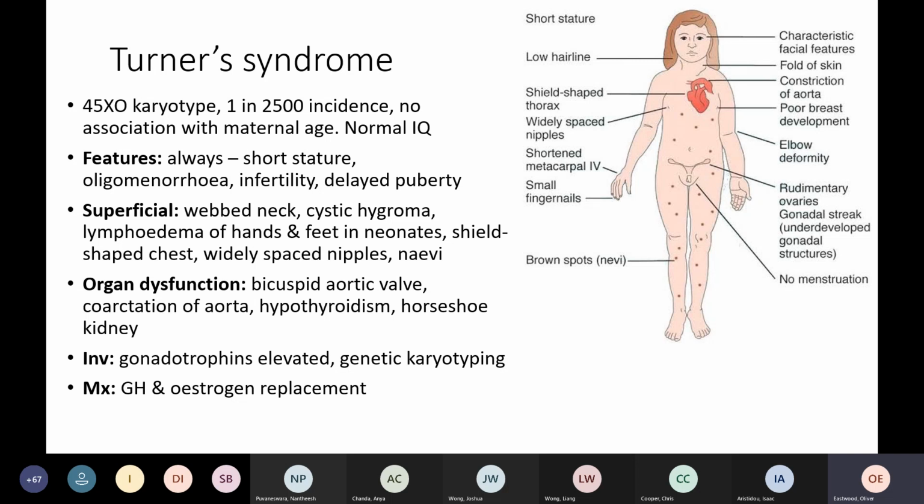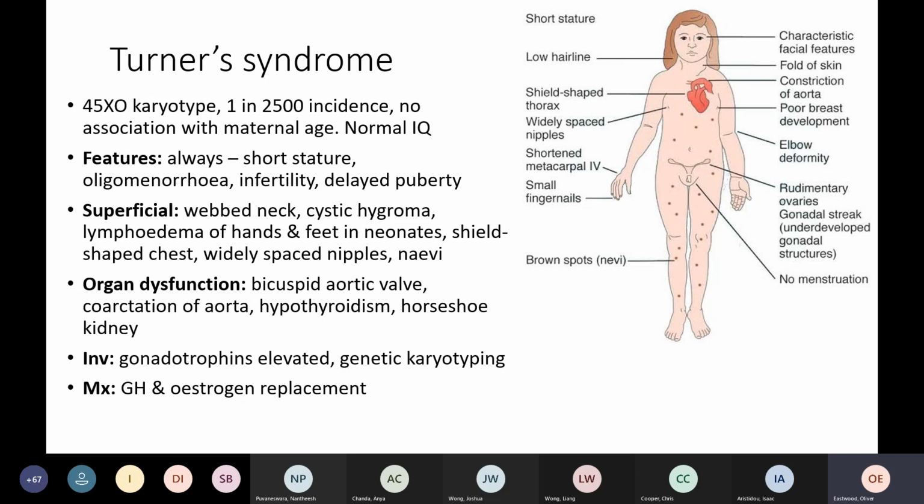So I think the important things in Turner's are the normal IQ, and due to the karyotype, it's just a single copy of the X chromosome, you're always going to have short stature, the delayed puberty, and the reproductive features, because it just inherently comes with only having the karyotype.